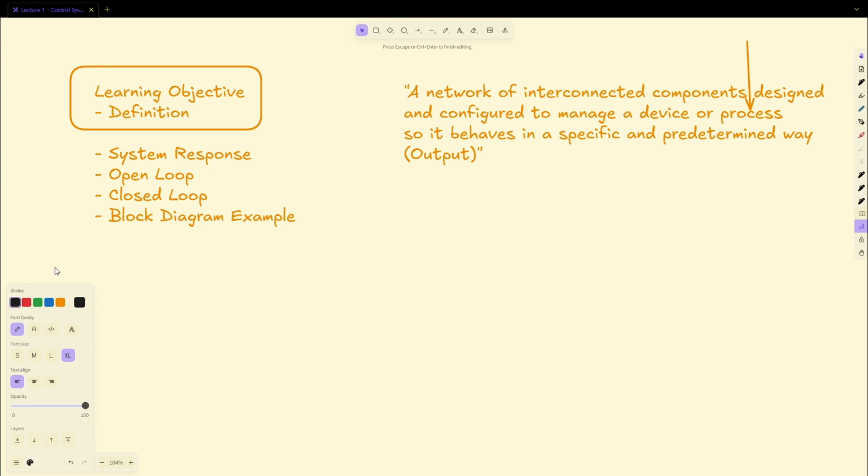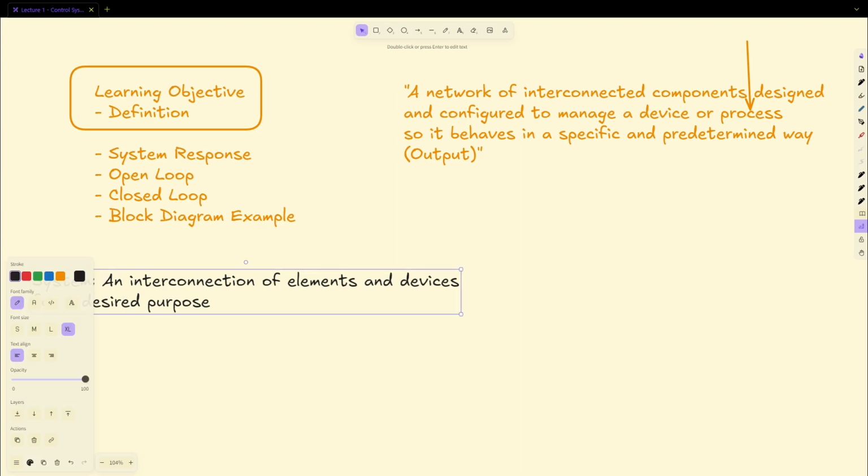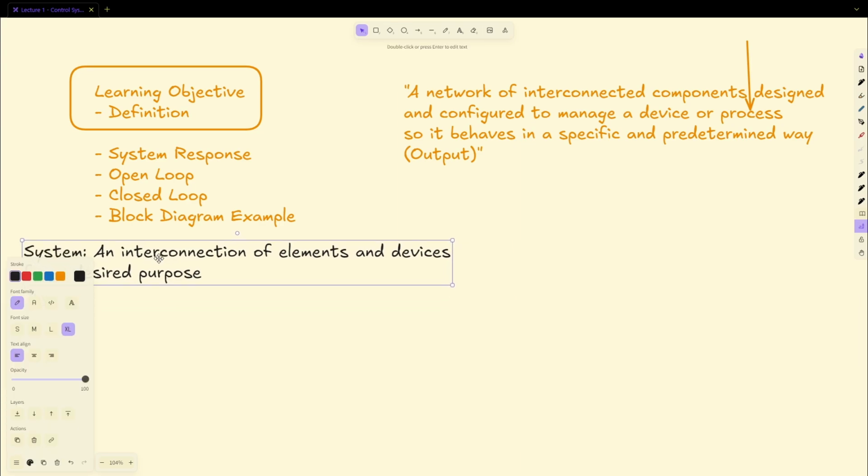A system can be defined as an interconnection of elements and devices for a desired purpose. Let's move this across. There we go.